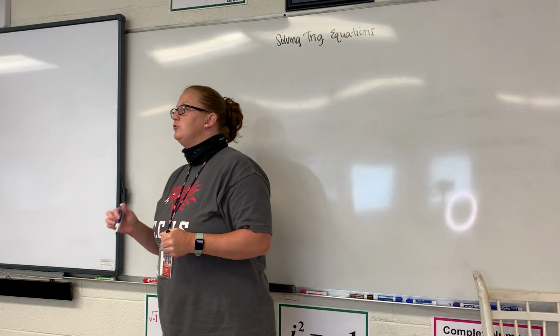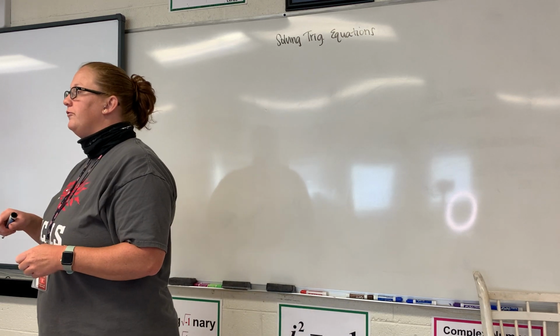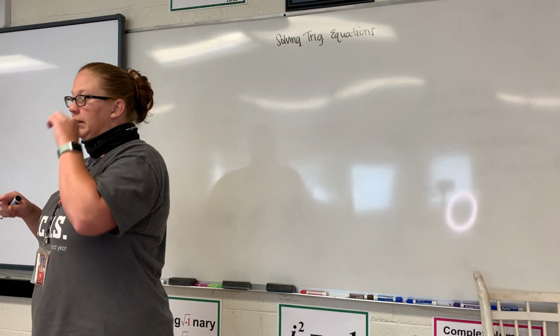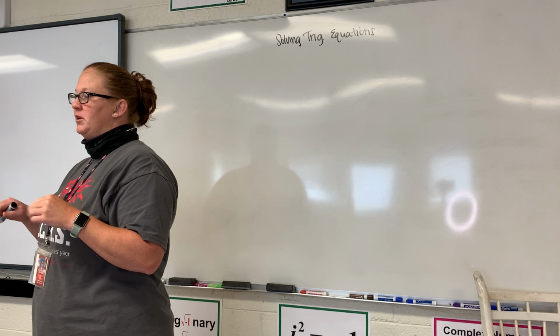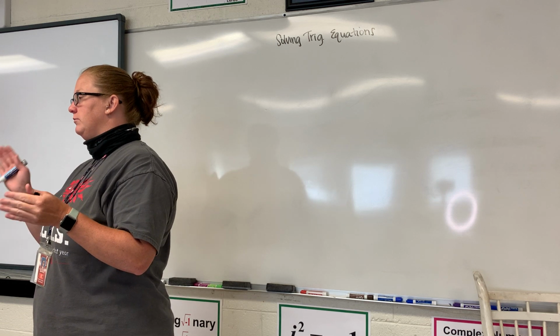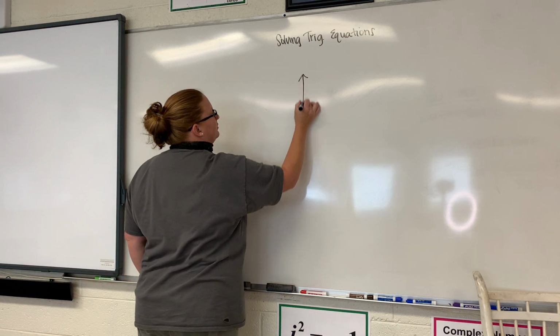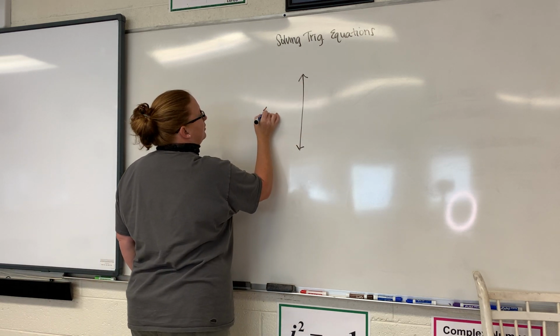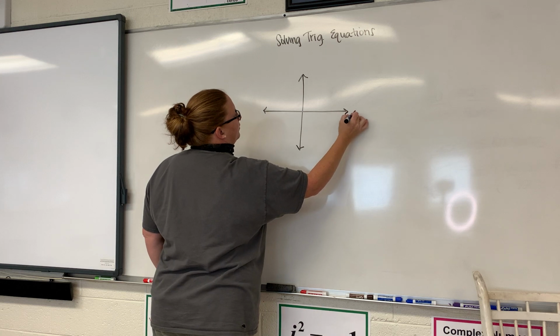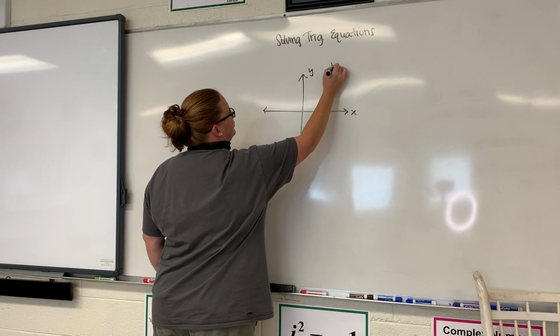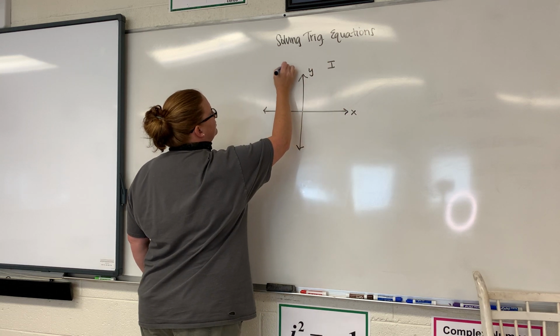Since we're solving simple trig equations, I want to go over a few definitions of our unit circle and going around the quadrants. As you guys remember, we have our 4 quadrants.